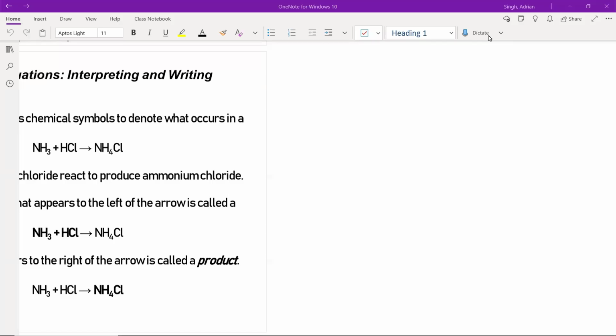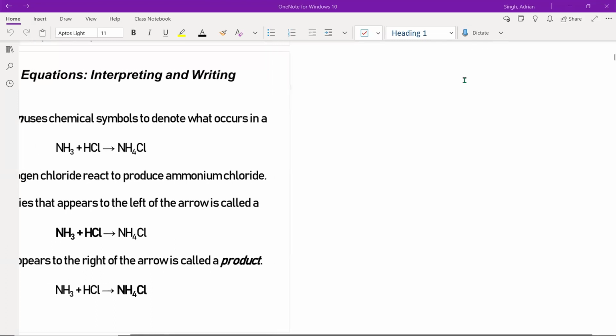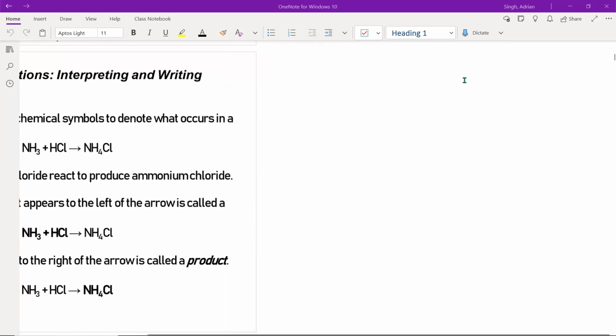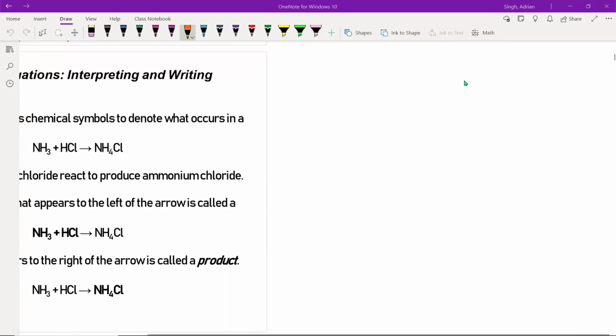All right, so now what we are going to do is take a look at how we represent chemical reactions. When we talk about representing chemical reactions, what we use are things known as chemical equations.